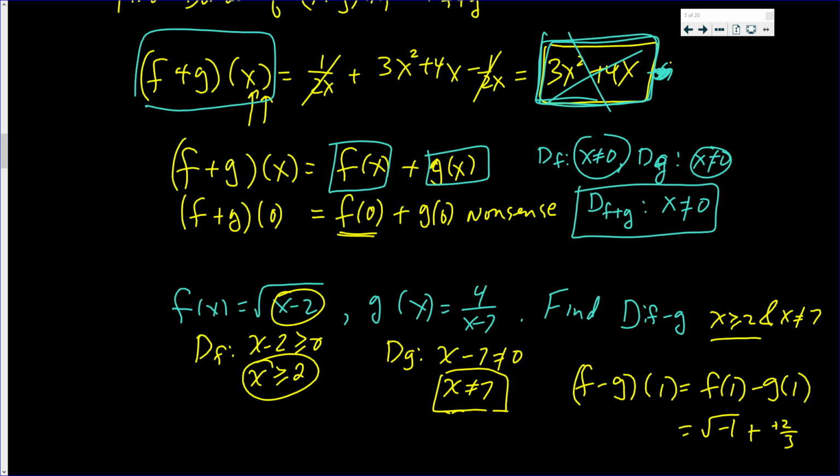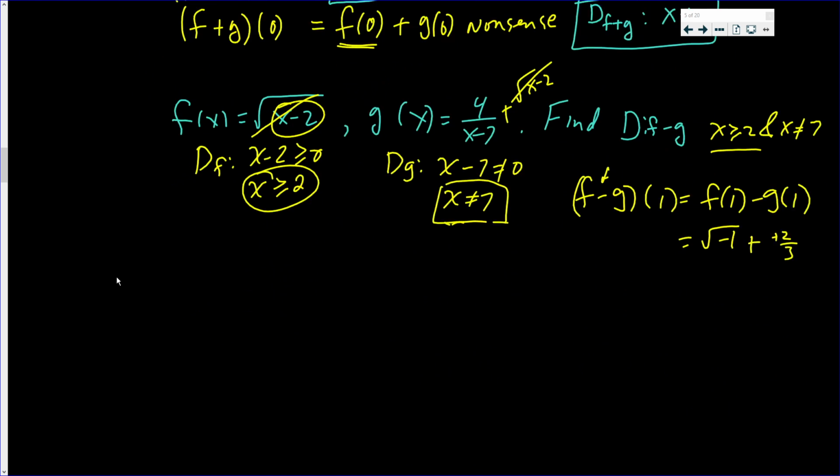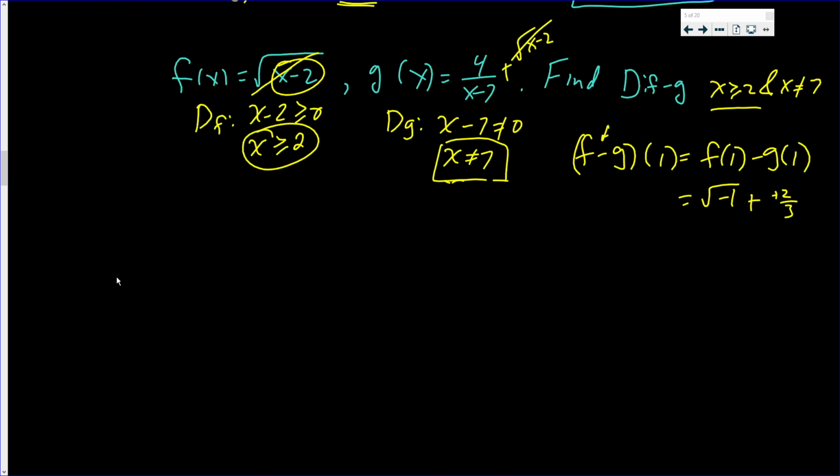And if, like earlier, I had minus the square root of x, or plus the square root of x minus 2, when I subtract f minus g, this actually cancels out. You don't want to look at the final result. If you're going to look at the final result, you're leaving yourself open for errors. Do not look at the final result, please.